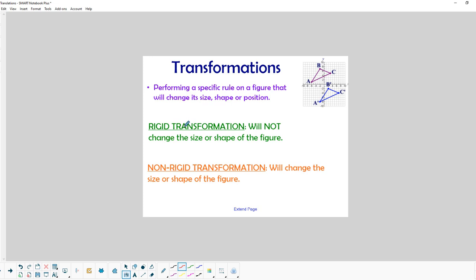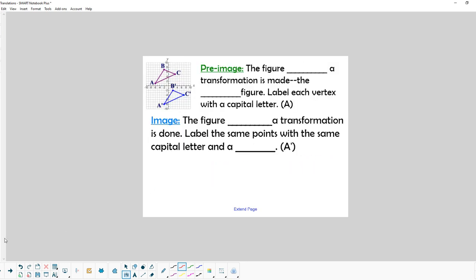A rigid transformation will not change the size or shape of the figure, but a non-rigid transformation will change the size or shape of the figure. So we've got this particular slide on your paper.